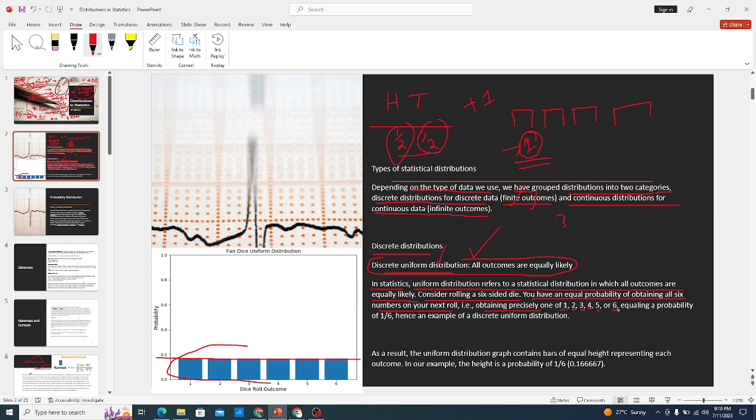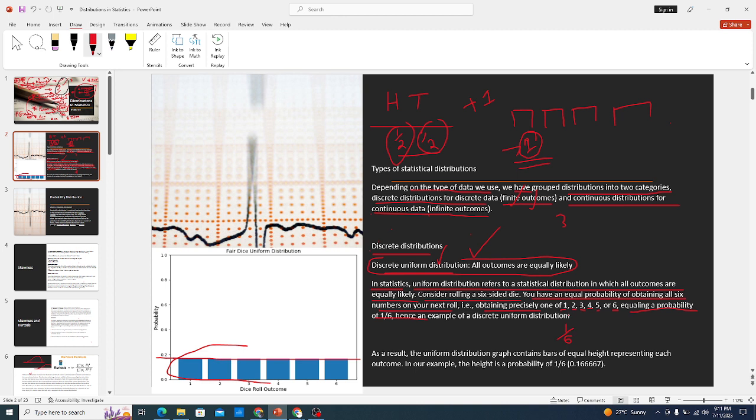Meaning these will have equal probabilities, like when we roll the dice in the first round.